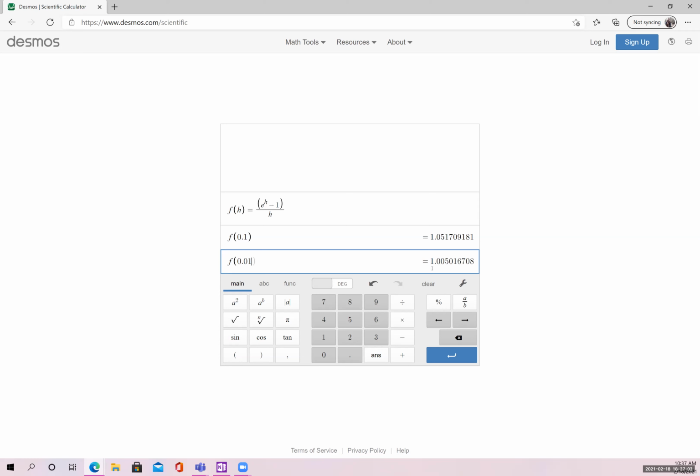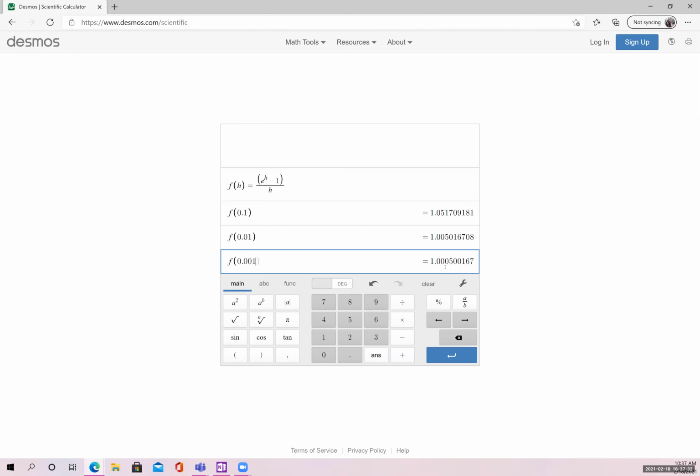Okay, notice here I have 1.0. Those two numbers are the same, but this 5 and the 0, so 2 places after the decimal, are not the same. But it looks like it might be getting closer and closer to 1. Let's see. So now if I plug in f of 0.001, okay, so now look at that. The 2 decimal places after are the same.